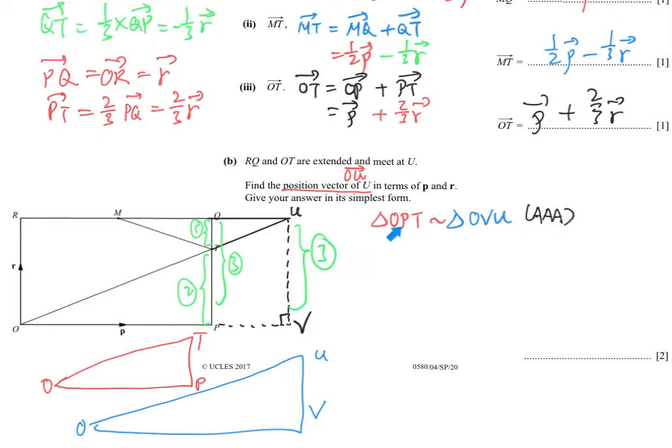So remember, the order is very important. O is followed by PT, and then O is followed by VU, but not OUV or UOV or whatever. It must be OVU corresponding to OPT. Alright, and then we want to find the ratio between OT and OU.